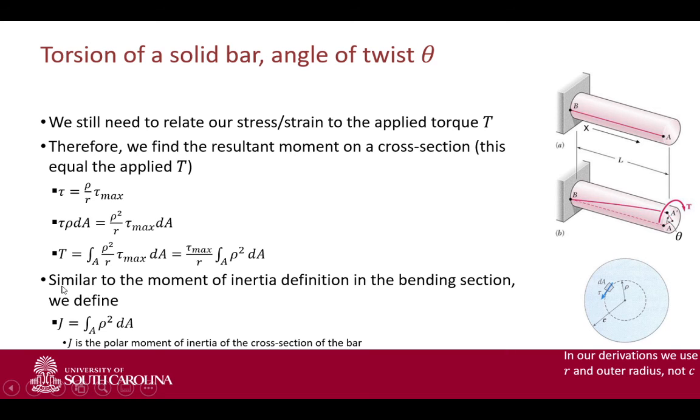And rho squared dA, if you notice, is very similar to y squared dx or x squared dy, etc. So this is another form of moment of inertia. In this case, since we're talking about torsion, we call this the polar moment of inertia, and that's defined as J equal to the integral of rho squared dA. And rho is again your location from your center, from your centroid, to any location on your circular bar.